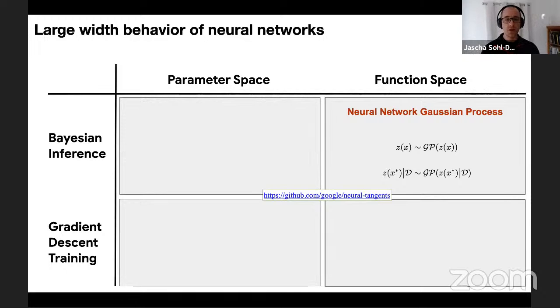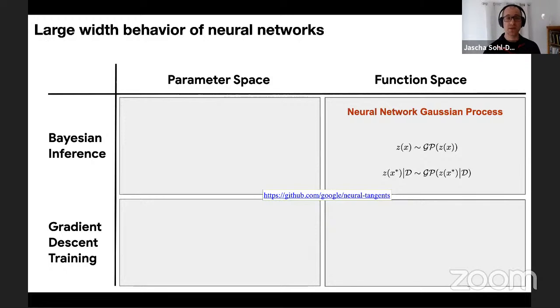So we just discussed how infinite width Bayesian neural networks correspond to Gaussian processes and how this provides insights into the behavior of different architectures and makes it possible to predict when they will be trainable. It turns out that in the large width limit, neural networks trained by gradient descent also become really surprisingly simple objects.